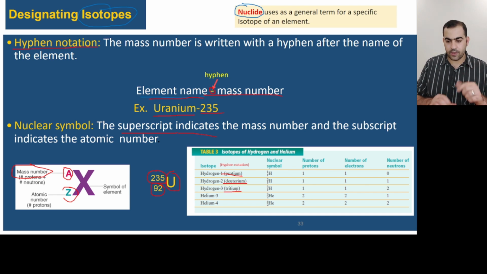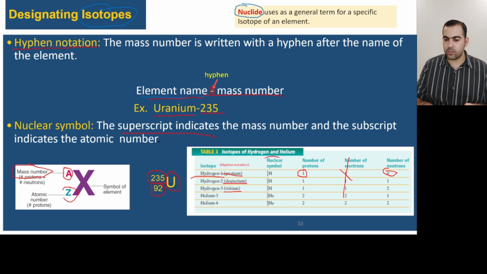Hydrogen-1 means this is the hydrogen element, and which isotope? The one that has mass number one. Which one has mass number one? The protium. Number of protons is 1. We don't need electrons number here. Number of neutrons is 0. So mass number equals 1 plus 0, 1.